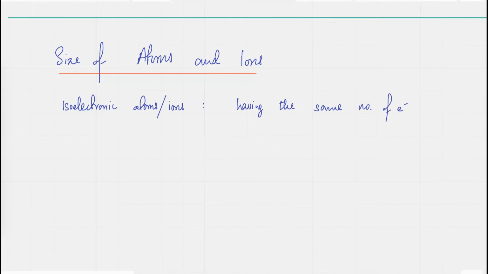They have the same number of electrons. For example, I've got an atom that has 8 protons in the nucleus. But let me actually write the atom. Let's say I've got oxygen 2 minus.